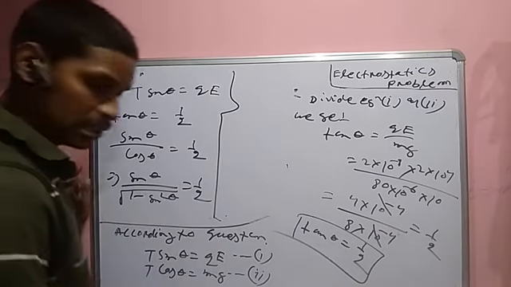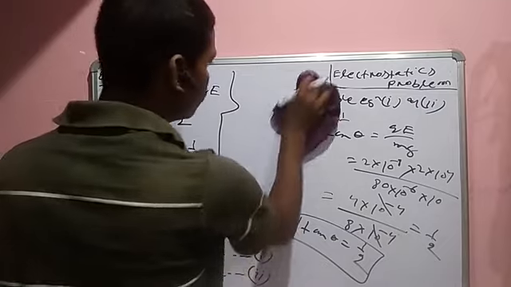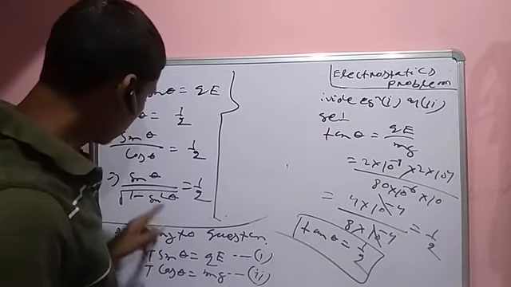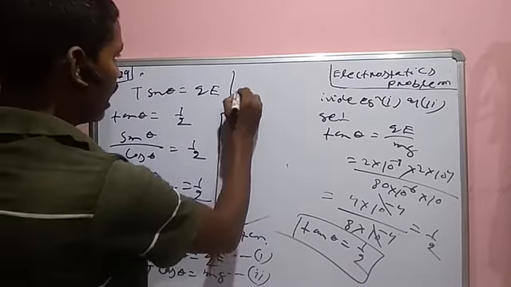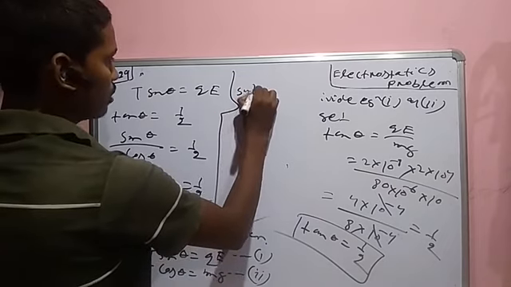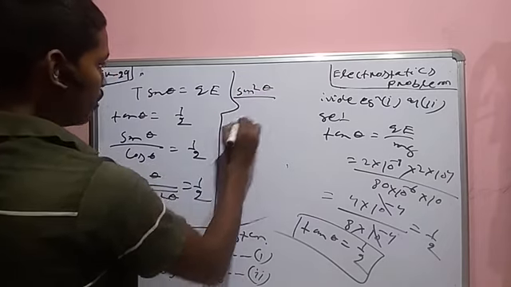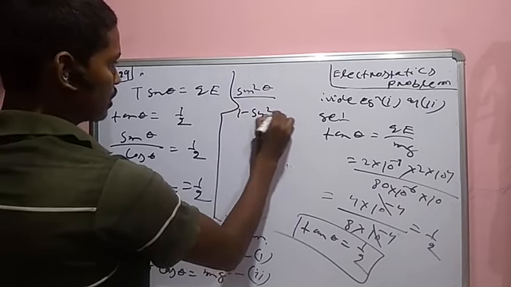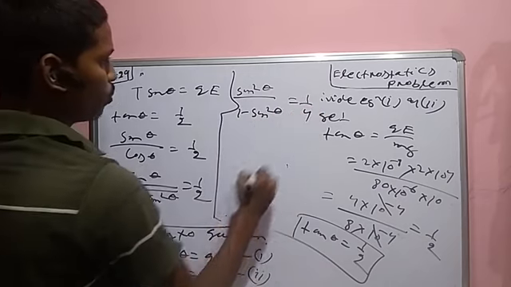Squaring both sides, sin square theta by 1 minus sin square theta is equal to 1 by 4.